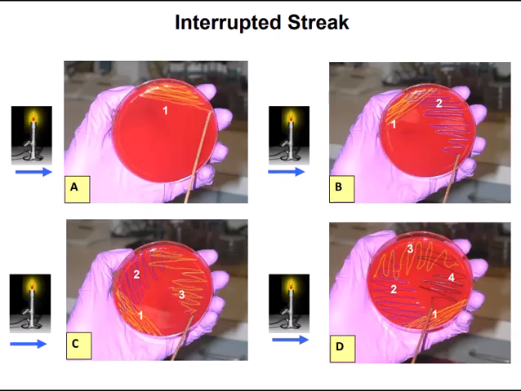This area has the highest number of bacteria, to place the original bacteria onto the agar. And then we are going to streak in a small area on the other side, as you can see in the figure A, B, C, D. This is how interrupted streaking is done.